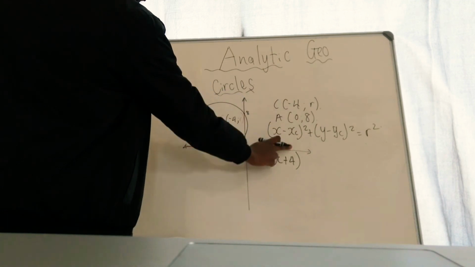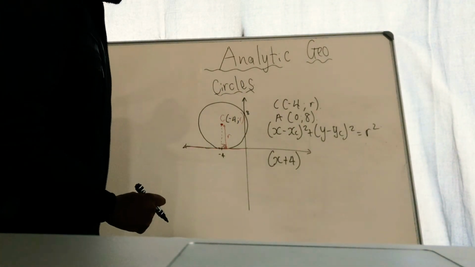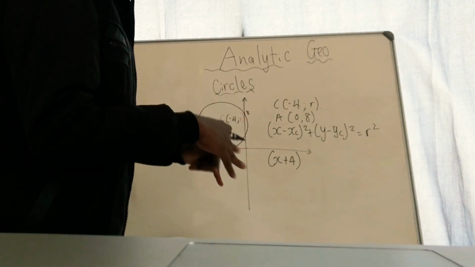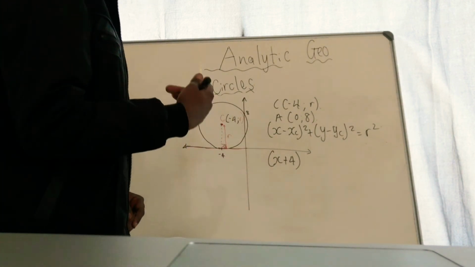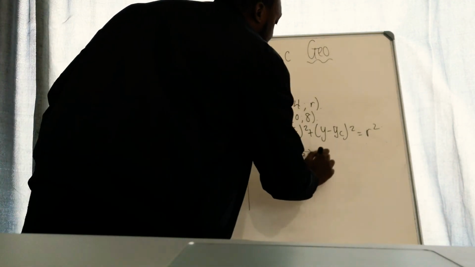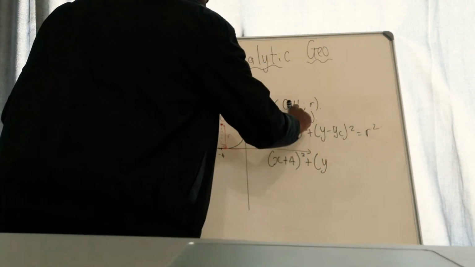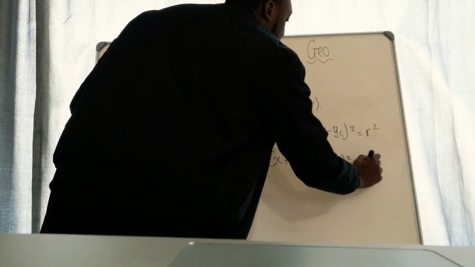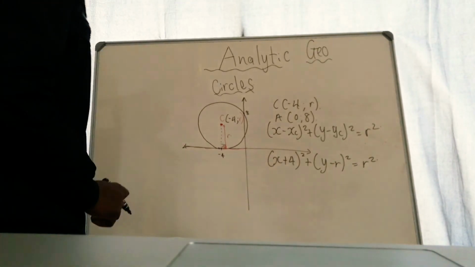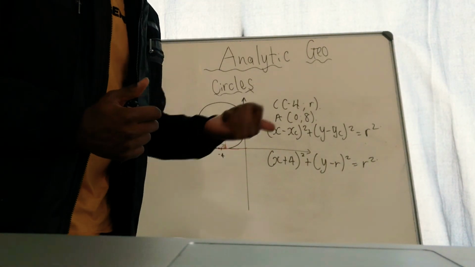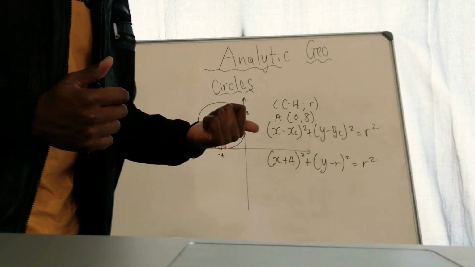Because it's a -4, once you substitute it inside your formula, it becomes a +4. So you square it like that, plus y minus r, squared like that, and this is all equal to r squared. Right? So at least I've done one part. I've substituted the center coordinates.